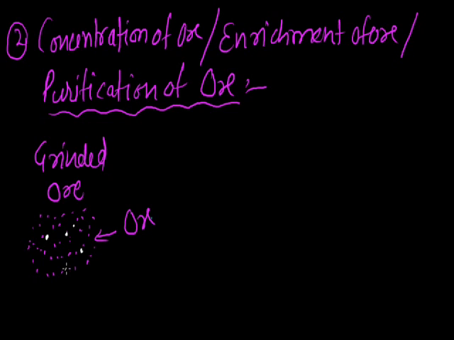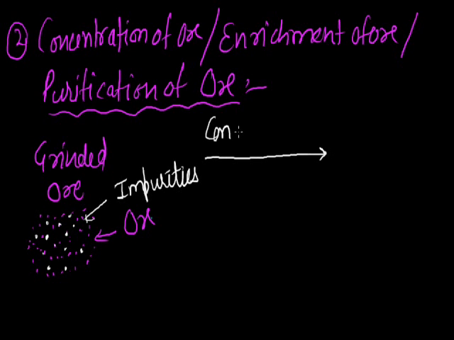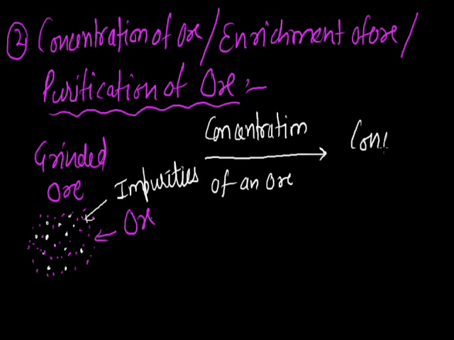Suppose these are the particles of impurities which are mixed with ore particles. So we can say that grinded ore contains impurities along with ore. So now we are doing concentration of ore. And after concentration of ore we get concentrated ore.